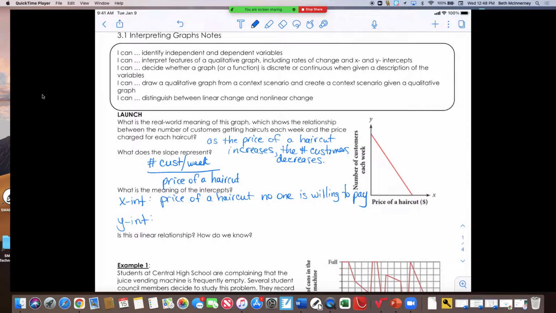Okay, so this is the number of customers. So the y-intercept represents the number of customers who come in and get their haircut when the haircut's free. It's no cost.